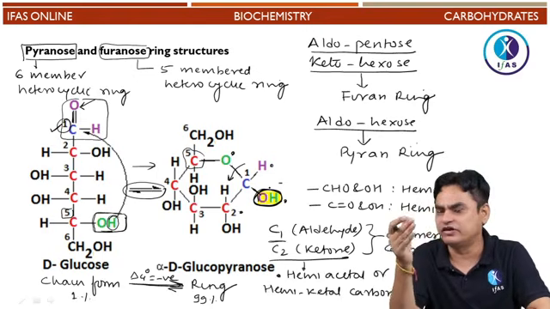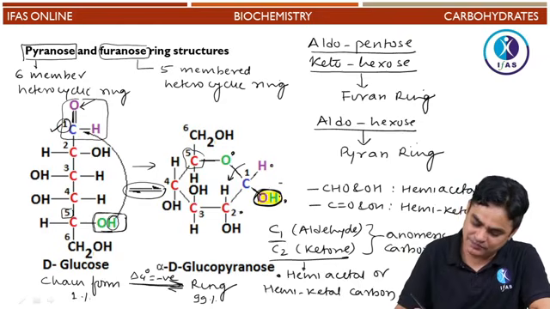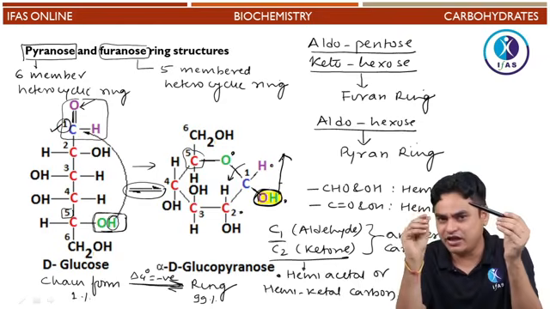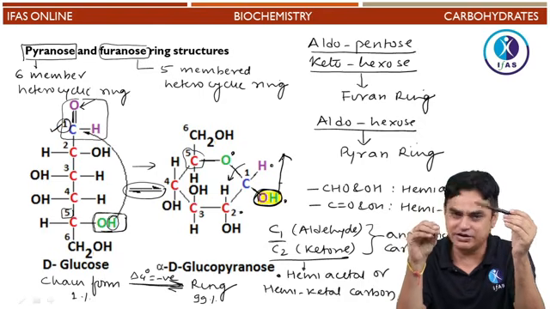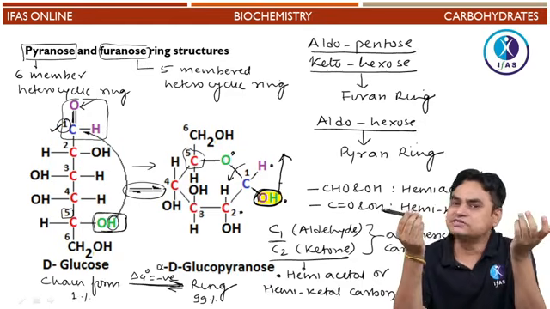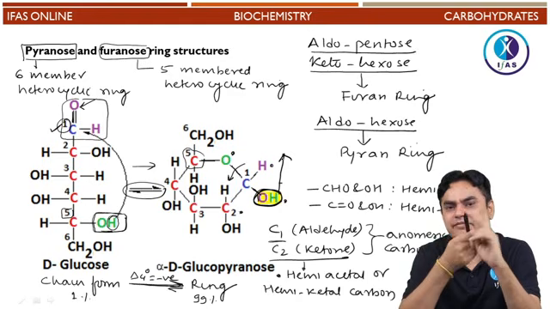Sometimes the OH group could be above the plane. So at the anomeric carbon, that is hemiacetal or hemiketal carbon, the position of the atoms in 3D space can also vary. OH group could be down the plane, OH group could be above the plane.